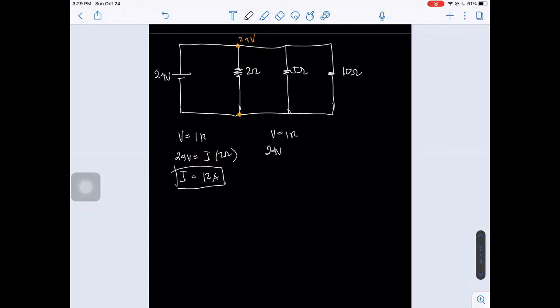So 24 equals current times 5 ohms resistance. So the current is equivalent to 24 divided by 5 ohms, and that is 4.8 amperes. And the other one, we have 24 volts and 10 ohms. So 24 divided by 10 ohms is equivalent to 2.4 amperes.